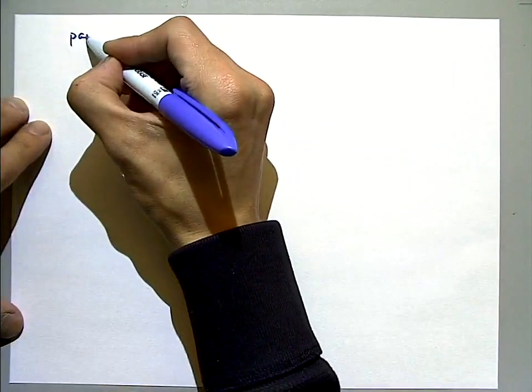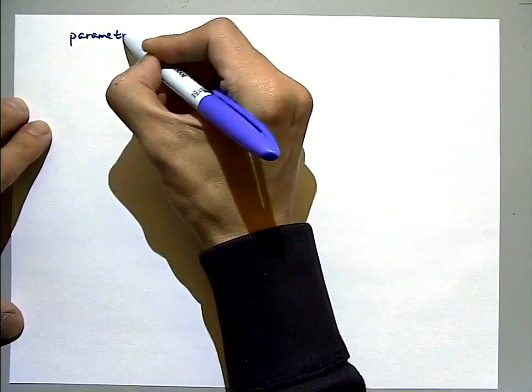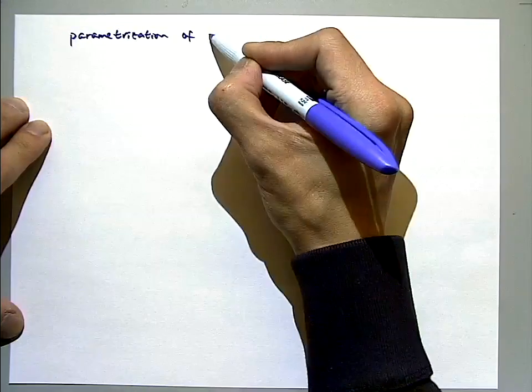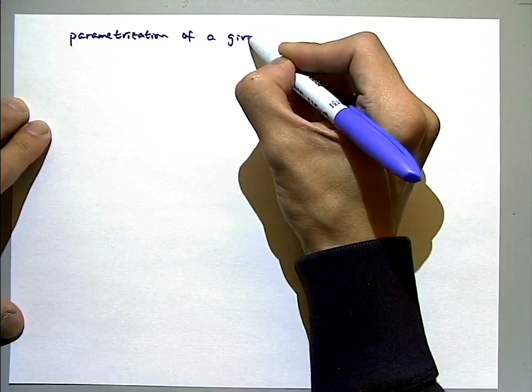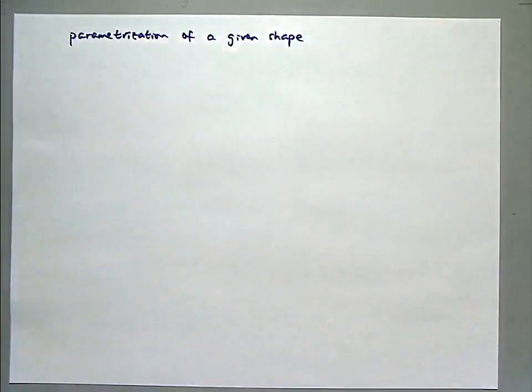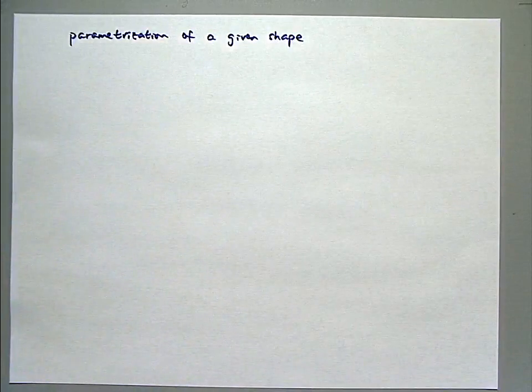Let's do another example with the same shape, another representation. So one thing to note is that the way you choose to parameterize a given shape is not unique.